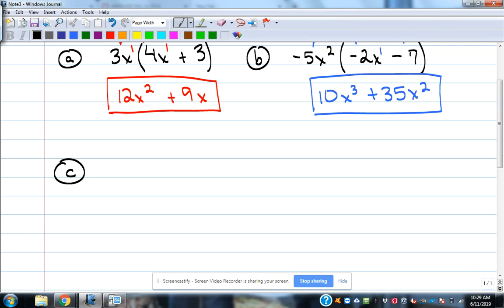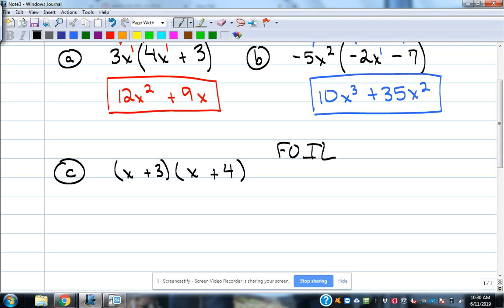All right. Now, it's a little bit more complicated looking, but it's actually the same idea. When you take a binomial, something with 2 terms, x + 3, times another binomial, x + 4. Some of you may have had an algebra teacher in the past that called this FOIL method, F-O-I-L.